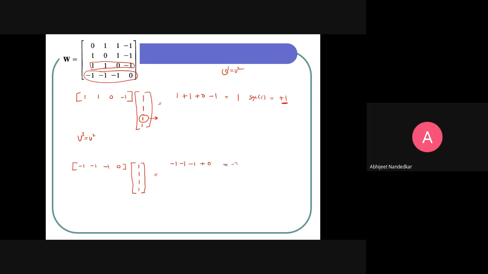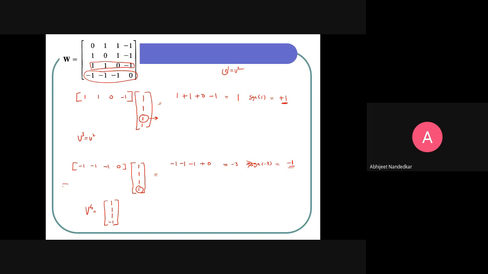So this will be -3. This will be equal to sine of -3. So output of neuron is -1. So now V4 has changed to +1 +1 +1 -1. This bit was allowed to update. Now it has updated itself to -1.